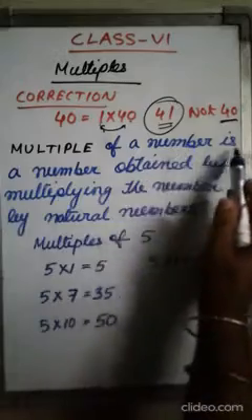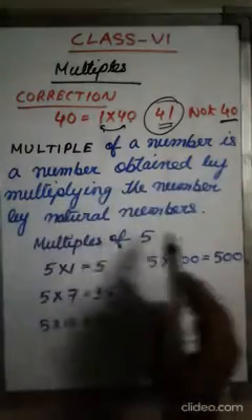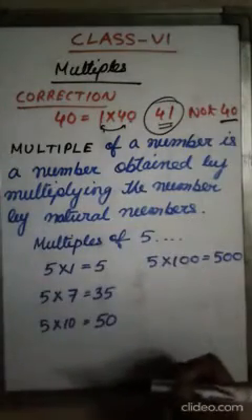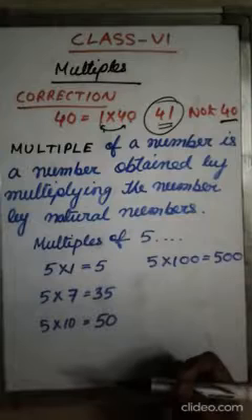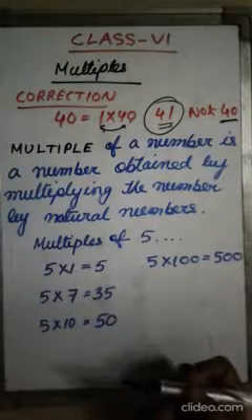A multiple of a number is a number obtained by multiplying the number by natural numbers. If we multiply a certain number by natural numbers, then we get the multiples of that number.